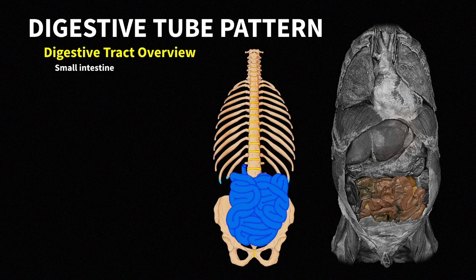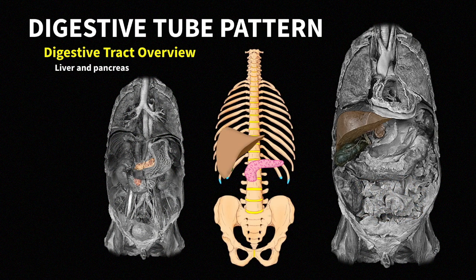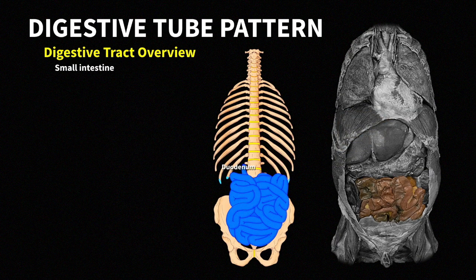The long coiled small intestine is subdivided into a short duodenum, with its glandular outgrowths, the liver and the pancreas, which produce secretions that are essential for chemical digestion in the small intestine. The duodenum leads to the longer segments of the small intestine, the jejunum and the ileum.